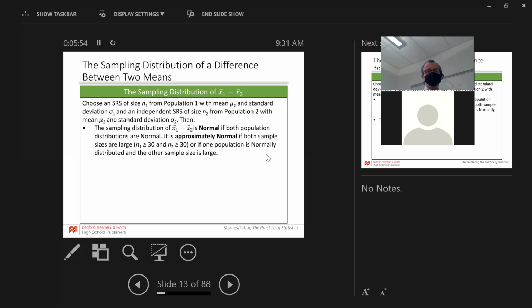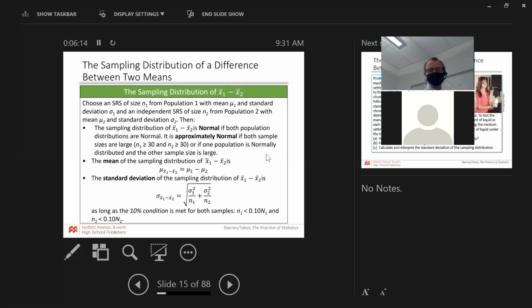So what do we got? Conditions: the sample size is bigger, or they tell you that both population distributions are approximately normal. Just the difference of the means. There's the step.